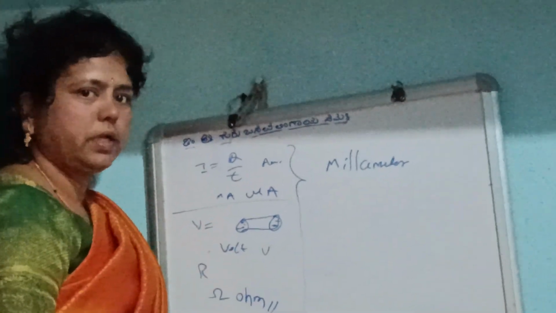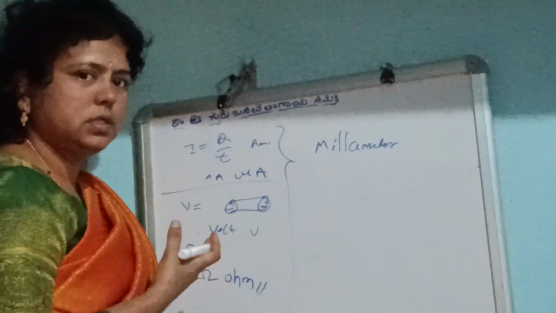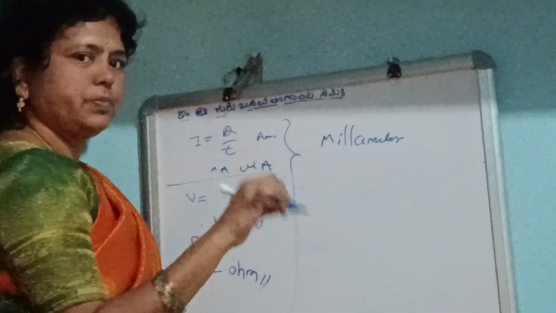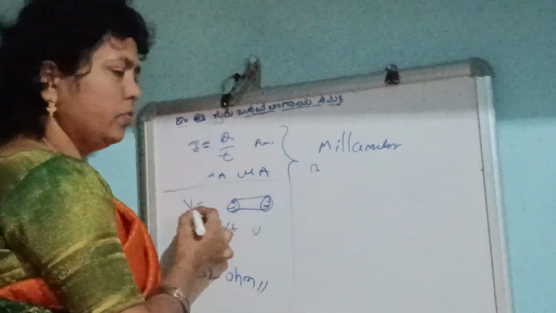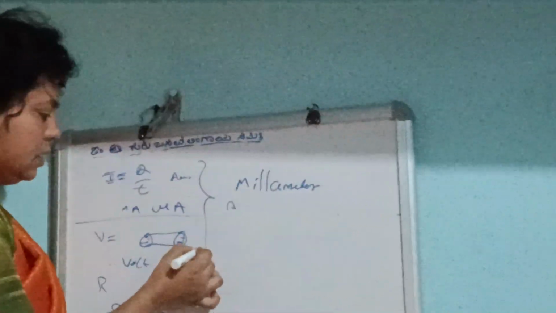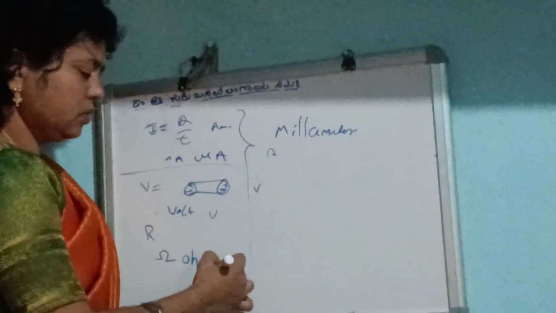How much current exists, how much voltage is applied at the ends of the conductor, how much resistance is offered. Specifically, current is measured by an ammeter, voltage is measured by a voltmeter, and resistance is measured by an ohmmeter.